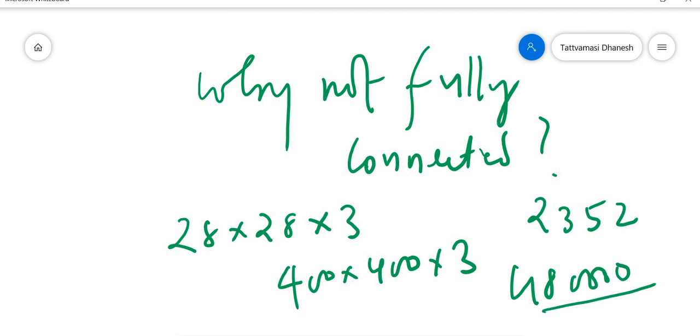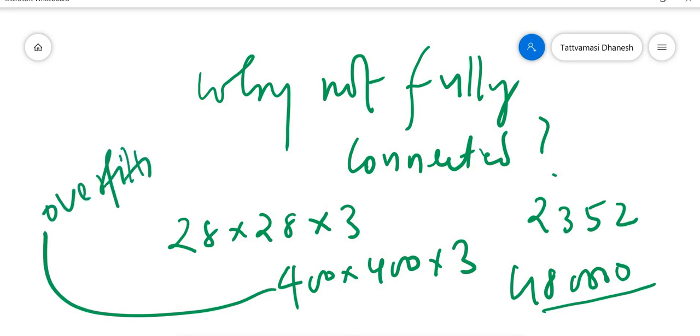It's a huge number. So that much weight is needed in the first hidden layer itself. It's a very complex process, it needs more neurons, and it causes overfitting.